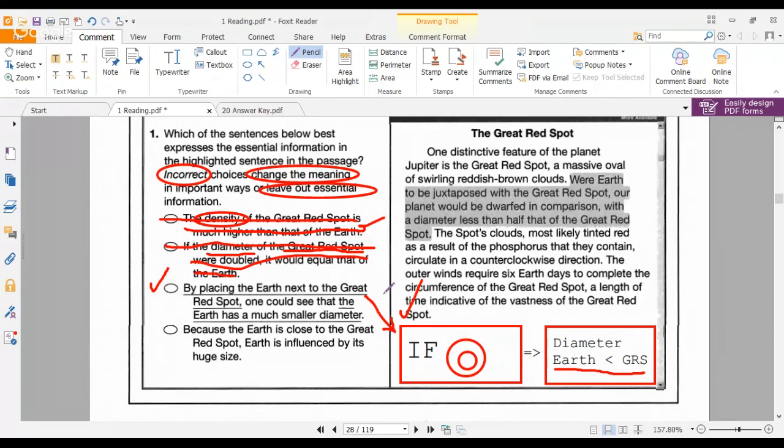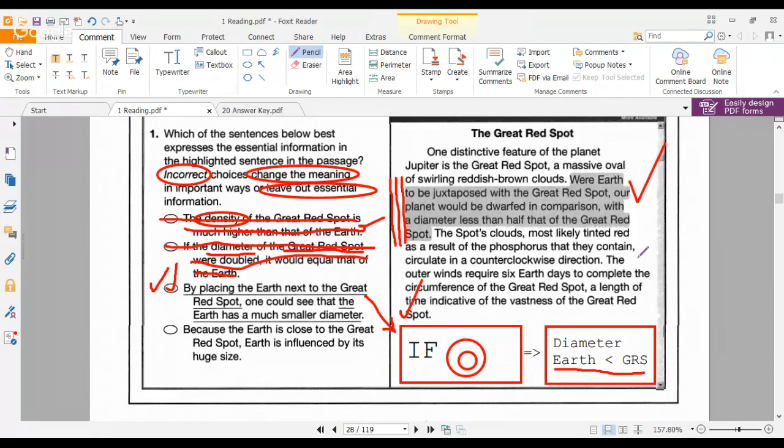Yes. We place the Earth next to the Great Red Spot, and then we see that the diameter of Earth is smaller than the diameter of the Great Red Spot. Perfect. And pay attention. To answer this question, you don't need to read the entire sentence again. So you're not wasting your precious valuable time on the TOEFL on reading the sentence again.